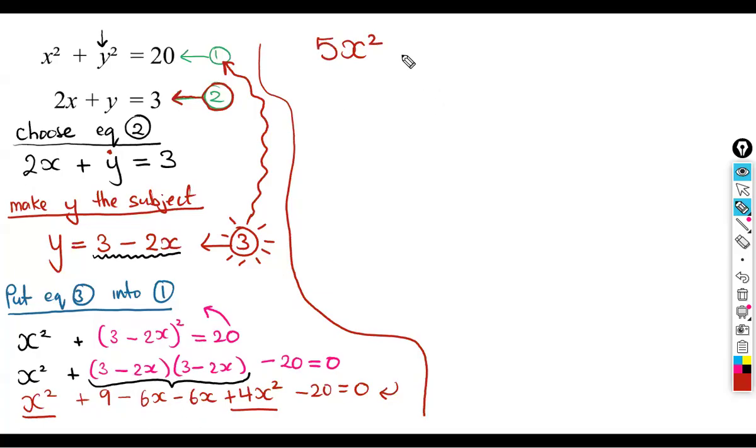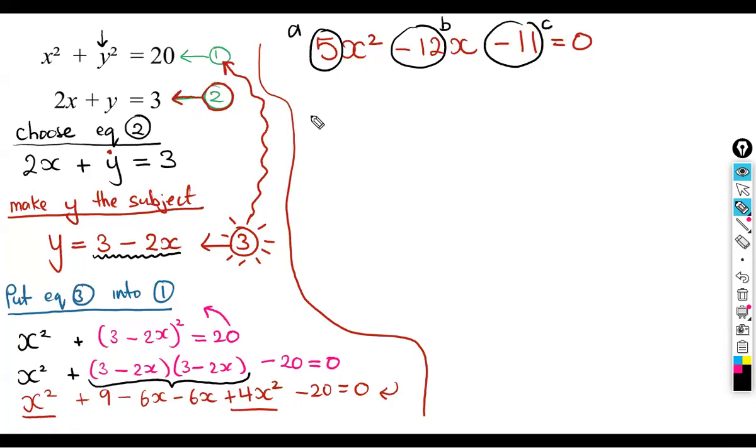Minus 6x minus 6x is minus 12x. And 9 minus 20 is minus 11. So this is the quadratic you're going to end up with. This is your A, this is your B, and this is your C. Throw it into the quadratic equation, and get your two first answers for x.